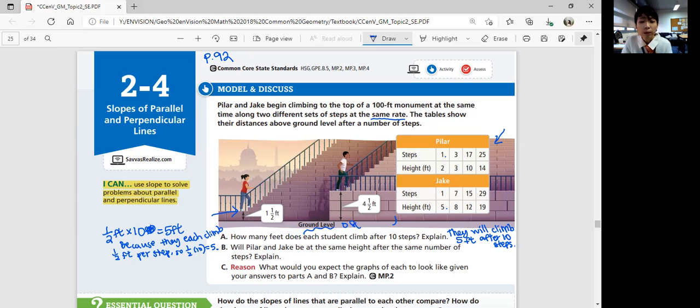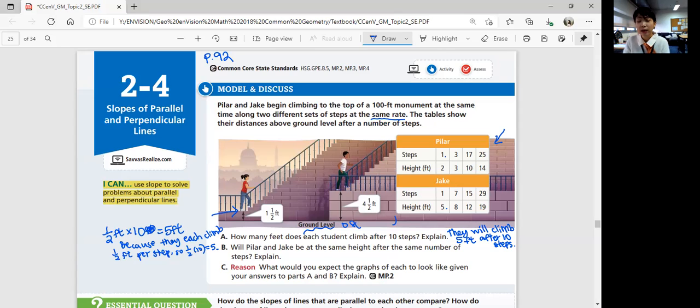Part B. Will Pillar and Jake be at the same height after the same number of steps? Oh, you might already have an answer immediately, right? So first of all, is the information about the height where the two people start climbing important? Yes, you need to start thinking about where they started climbing from, right?